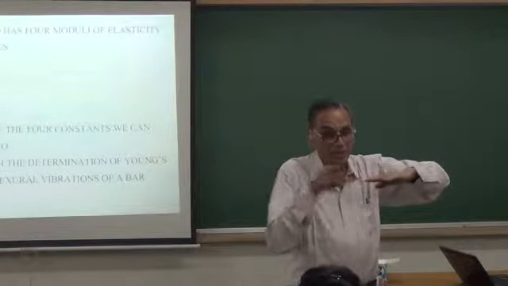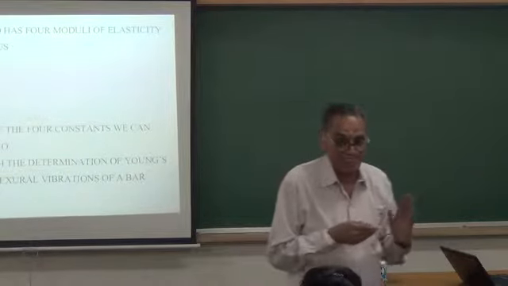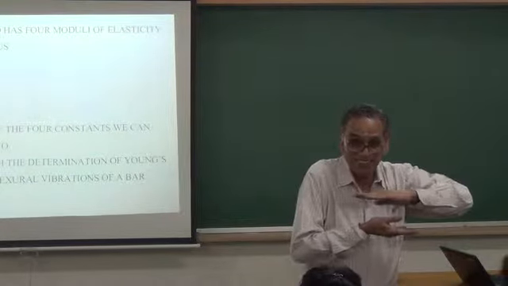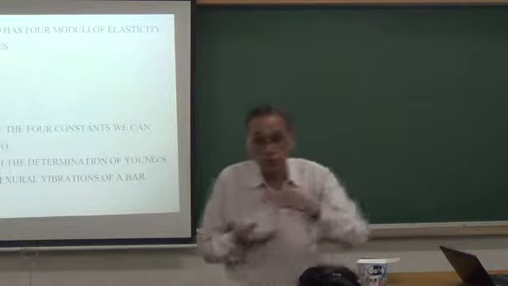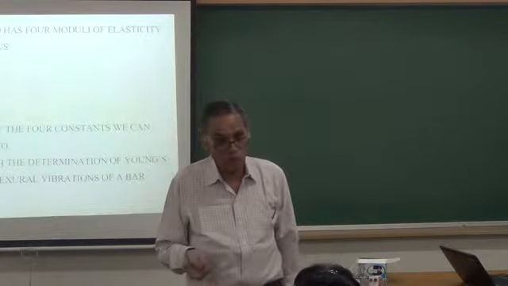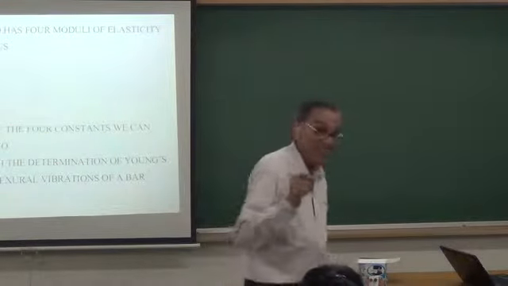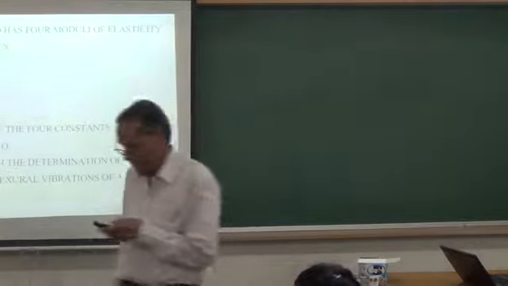The cube will become a parallelepiped, the angle will change from 90 degrees, that is the shear strain. And what is the force that you apply to produce the shear strain? Take the ratio, that is the shear modulus. The shear modulus will be less than the Young's modulus for all materials.